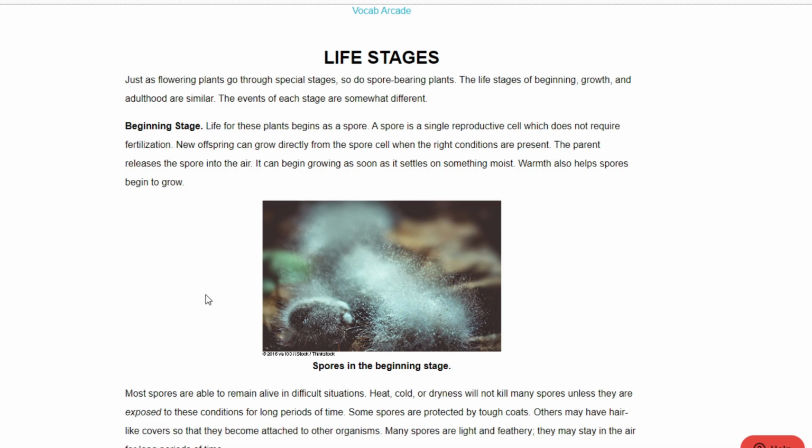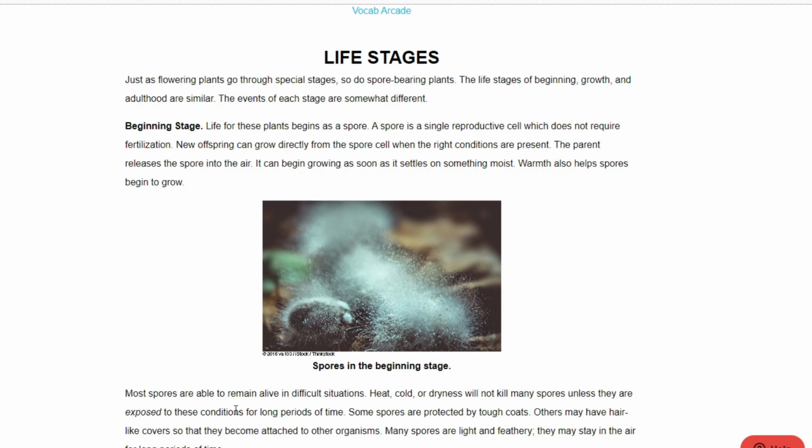Others may have hair-like covers so that they can become attached to other organisms. So they spread out in the wind, just like a lot of the seed bearing plants. When you think about the pollen and things like that, the wind will take the spores and spread them around, and some of them the animals will take around.